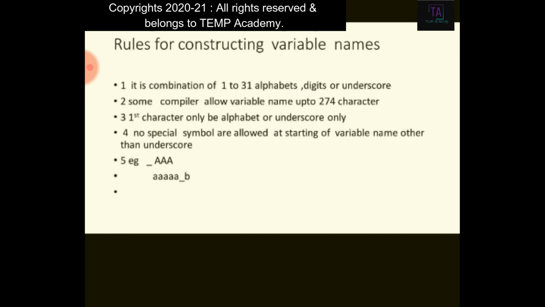Next is rules for constructing a variable name. First, it is a combination of 1 to 31 alphabets, digits or underscores.